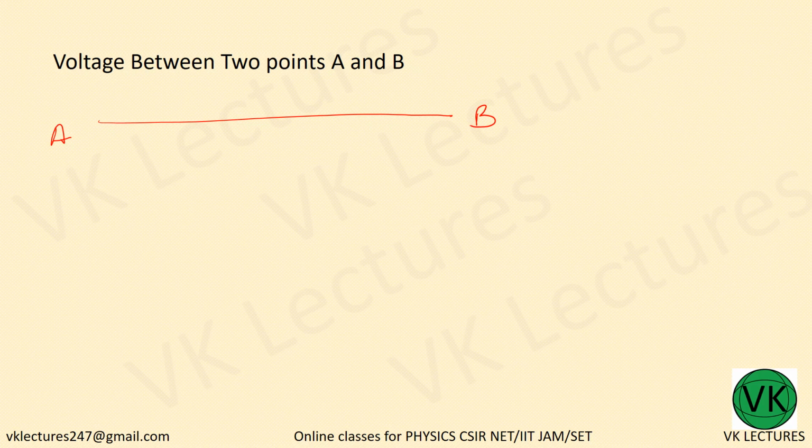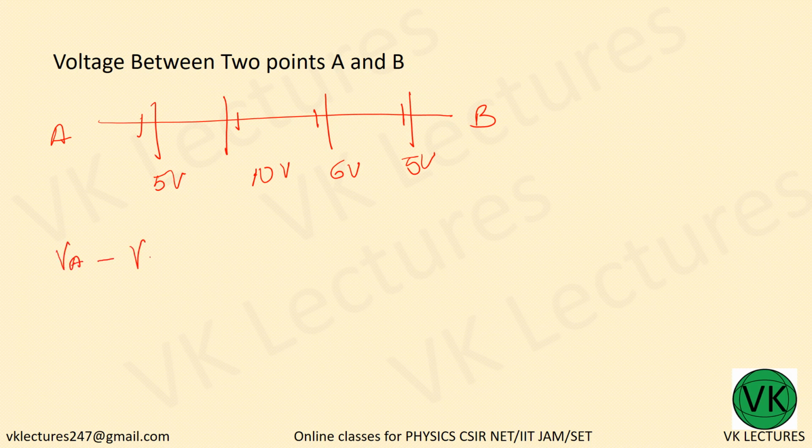Now, voltage sources: 5 volt, 10 volt, 6 volt, 5 volt. Now, voltage difference between 2 points A and B means VA minus VB. I am assuming that VA is at higher potential than VB. But let us see, is that true or not?